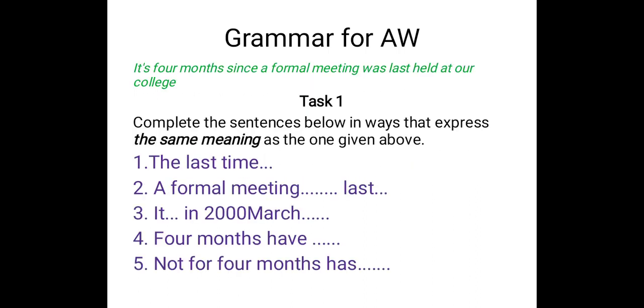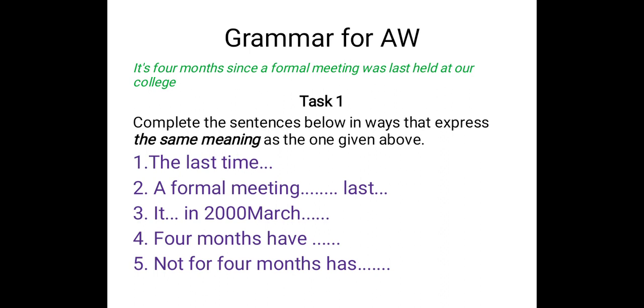Your task is to complete the following sentences in ways that express the same meaning as the one sentence given above. Your first sentence should start with "The last time," and the second sentence should start with the words "A formal meeting," and the third sentence, "It is in March 2020."